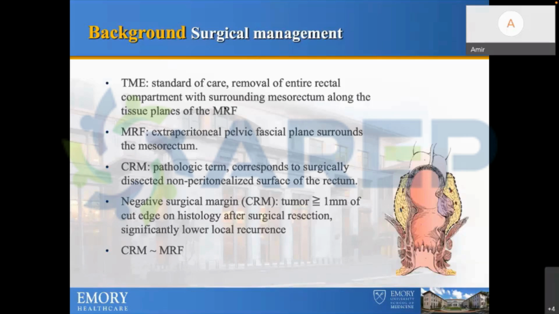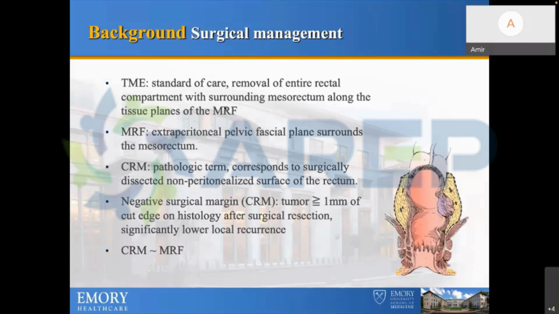What they're talking about is basically whether this circumferential resection margin, CRM, is more than 1 millimeter from the tumor on histology after surgical resection. If that happens, they're going to say the circumferential resection margin was negative.